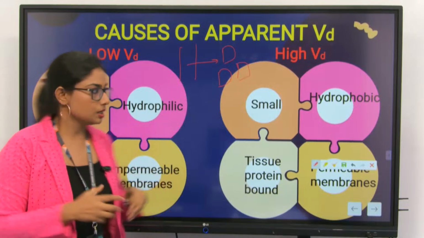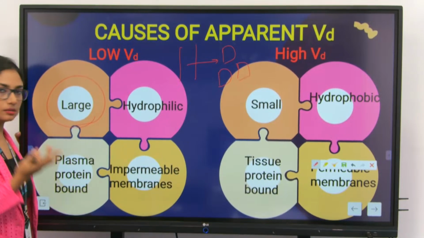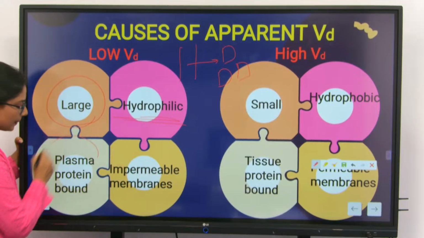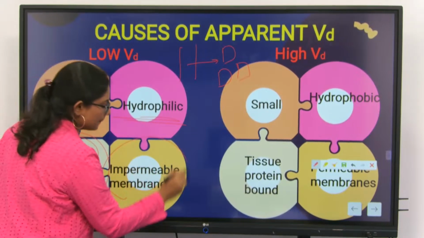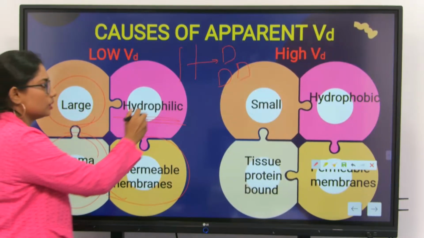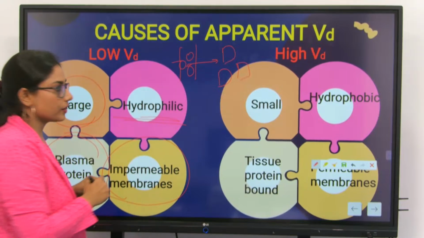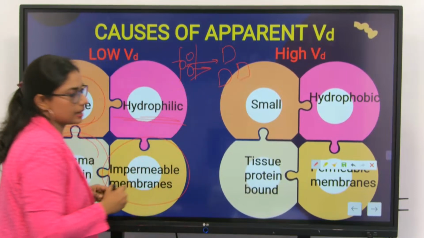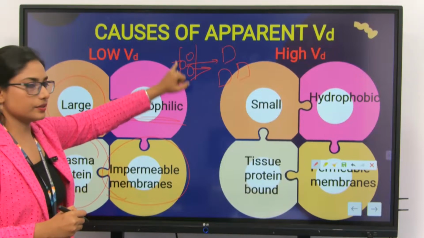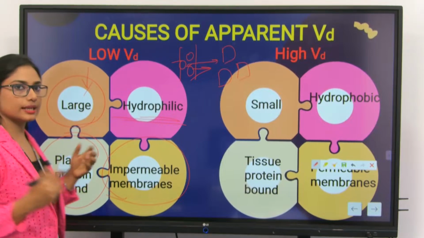This happens when the drug is a large molecule, hydrophilic, plasma protein bound, or faces an impermeable membrane. If the drug molecule is larger in size, it finds it difficult to diffuse across a cell membrane and reach the tissue. So if the drug has a large molecular size, volume of distribution decreases.